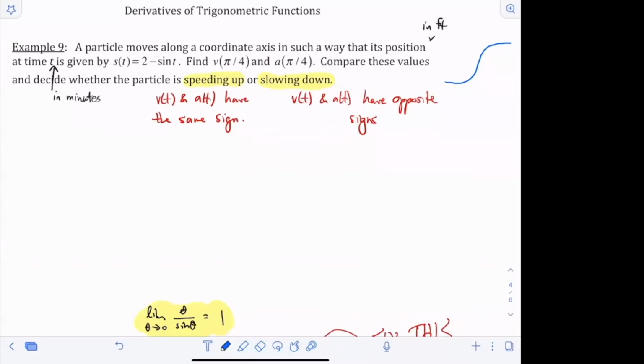If you look at this guy, at the beginning, the slope is pretty shallow, but it gets steeper and steeper. So on this part right here, because the velocity is getting steeper and steeper, and the slopes are all positive, they have the same sign. So on this part of the curve, the virus or the adoption is speeding up.